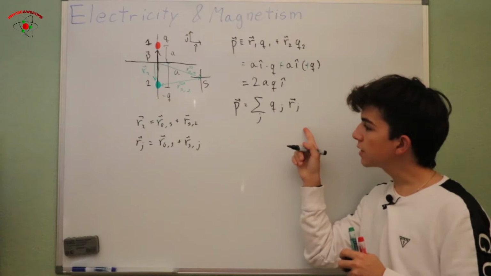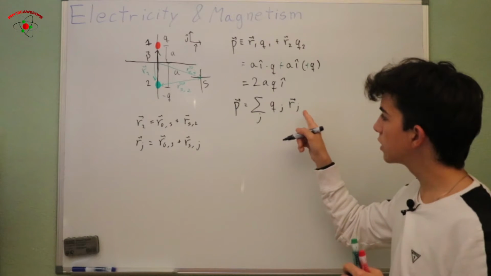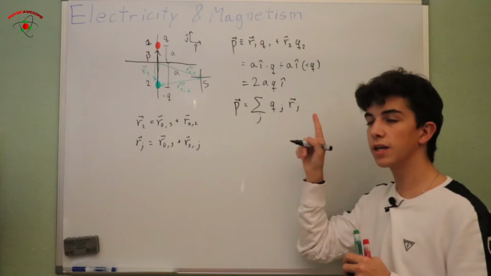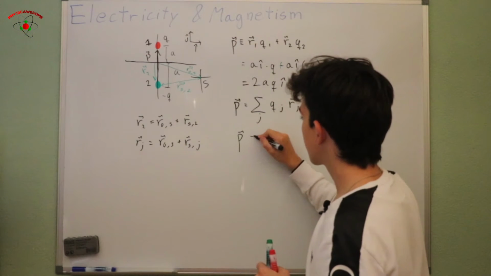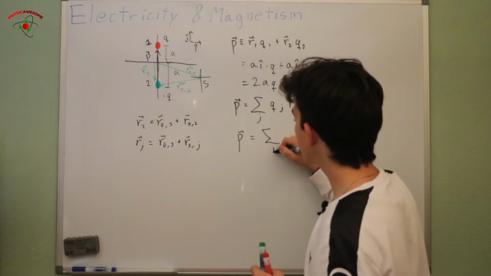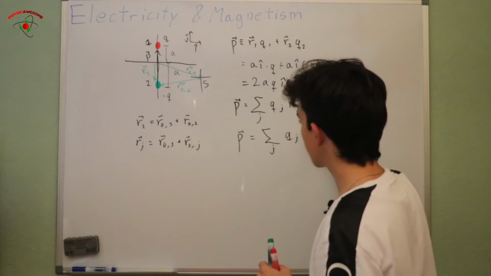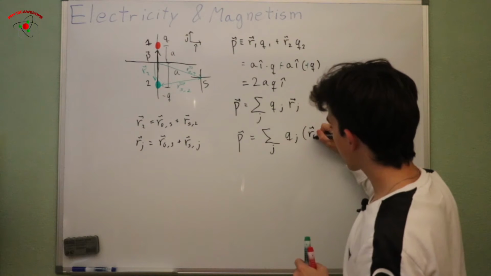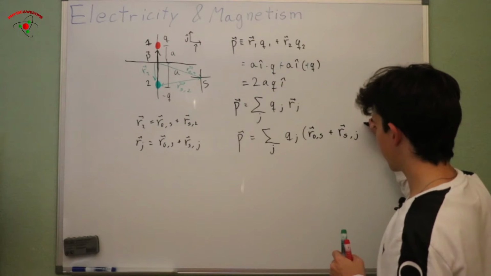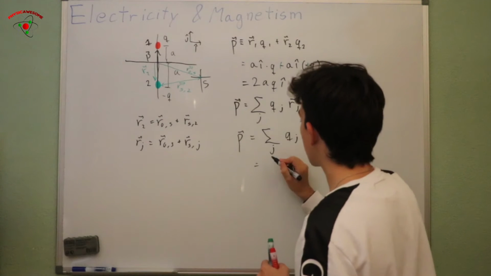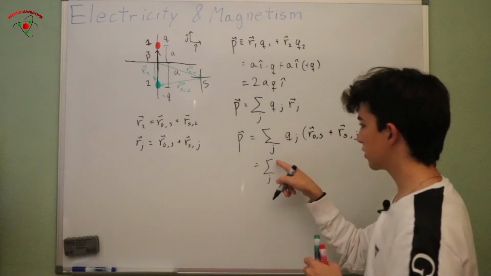Now, what happens if we substitute this expression for r_j in here? We're going to have that P, this expression, is going to be the sum over j of q_j times (r_OS plus r_Sj). And we are going to divide it into two sums.